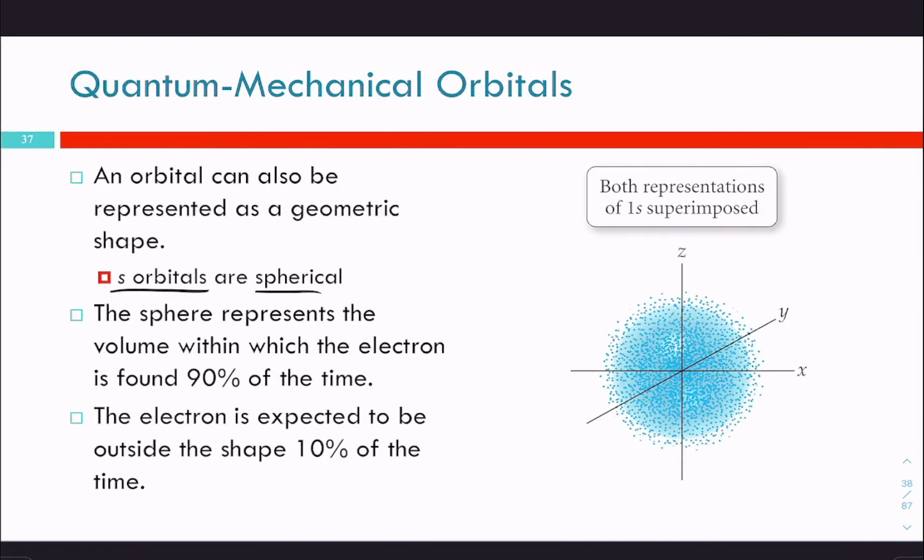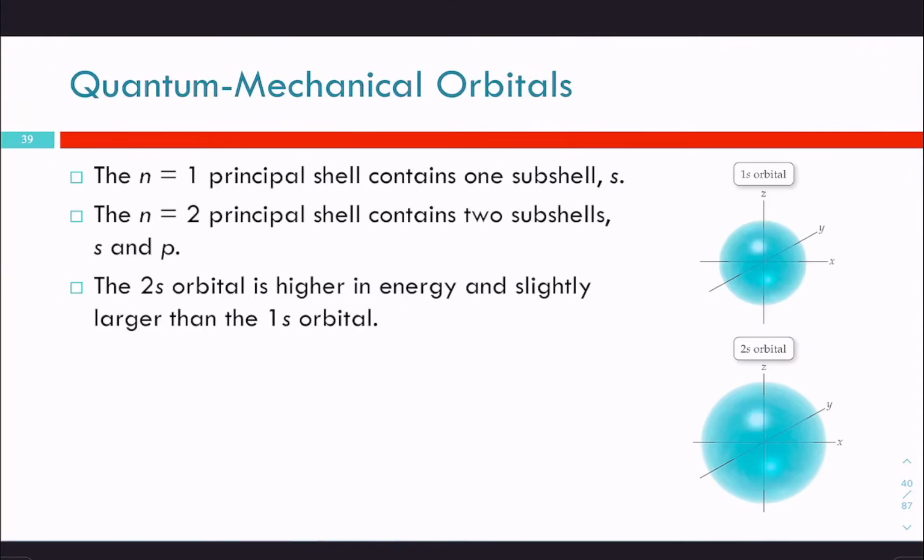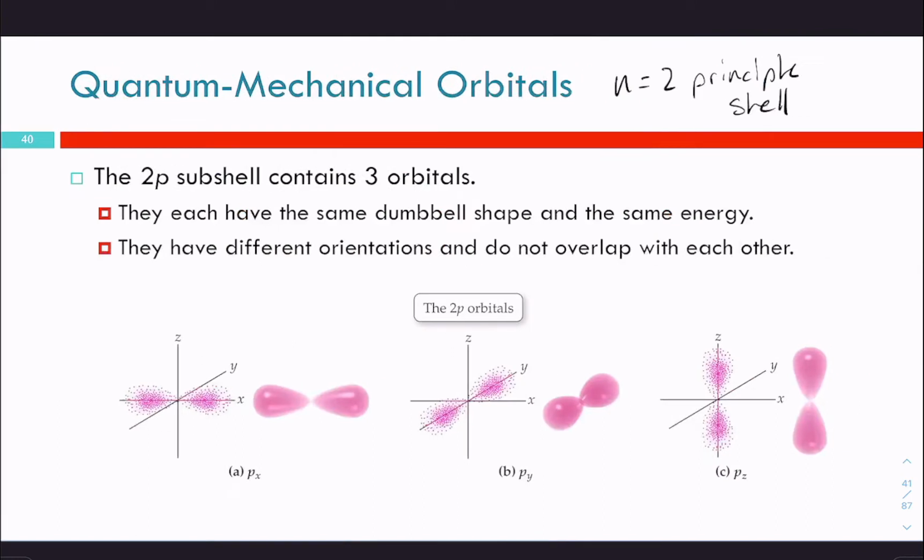But we have other shapes as well. The next orbital that we came across starts at n equals 2, and those are the p orbitals. p orbitals have these dumbbell shapes. There are 3 of them, and they occur in all 3 of the principal axes, x, y, and z.